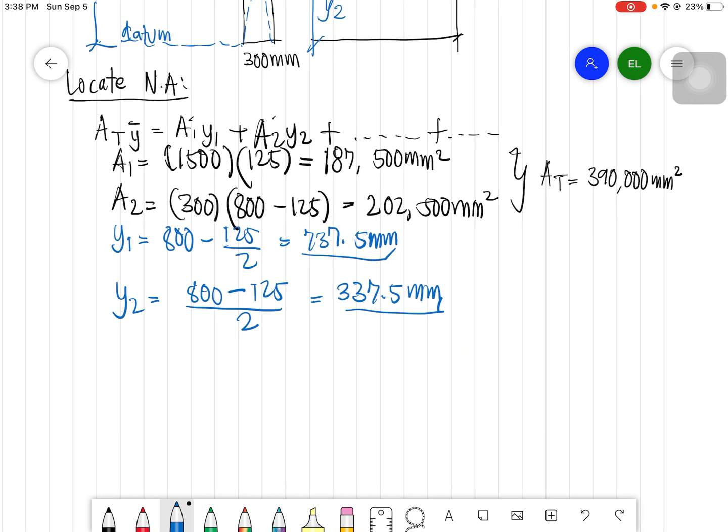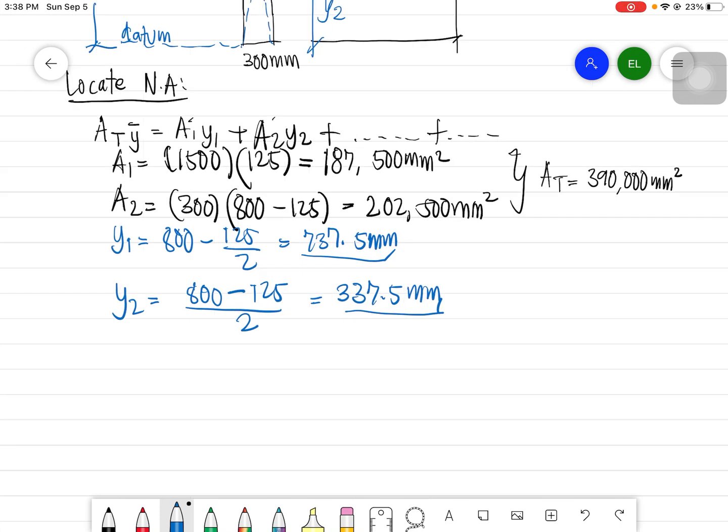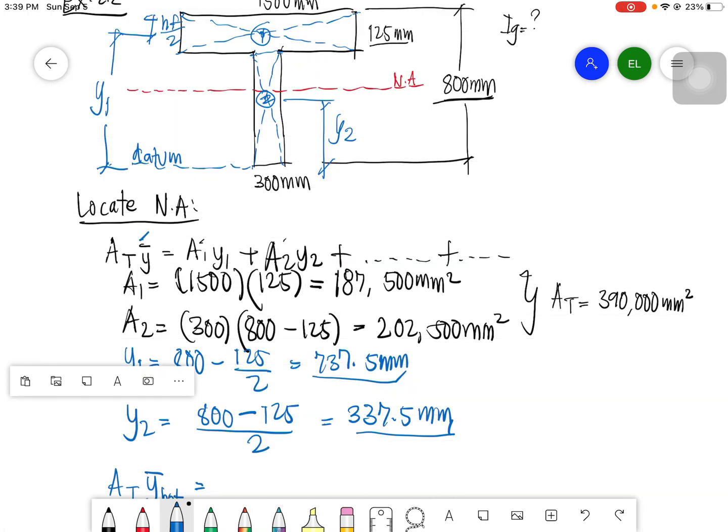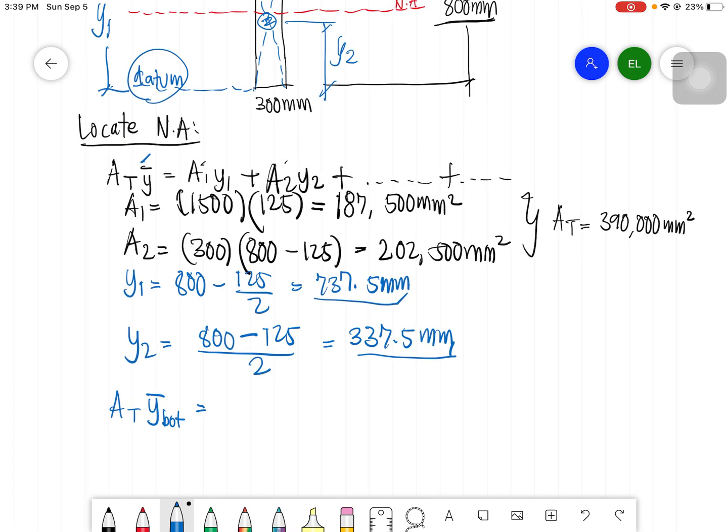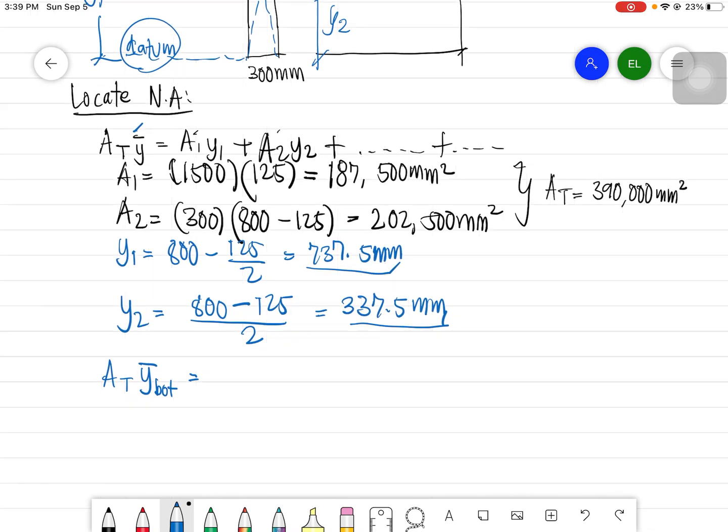So therefore we will calculate now the y bar. Here we have y bar bottom, because our datum is with respect to the bottom portion of the T-beam.